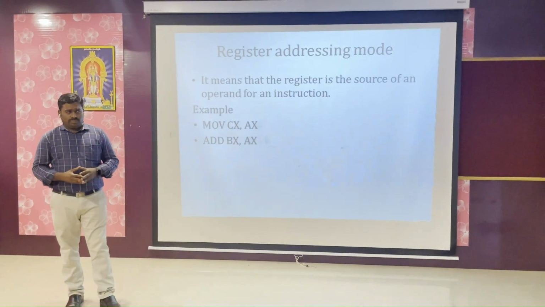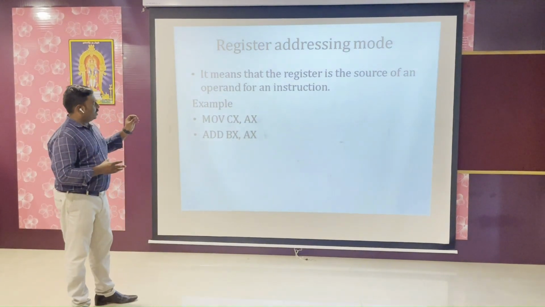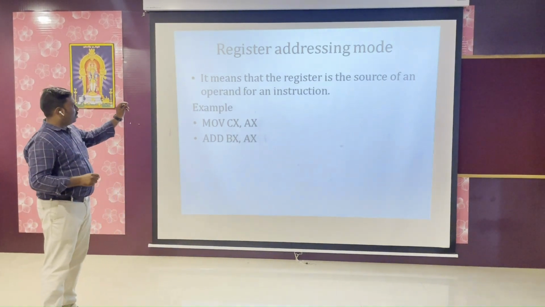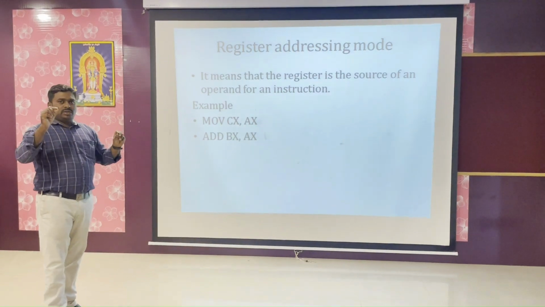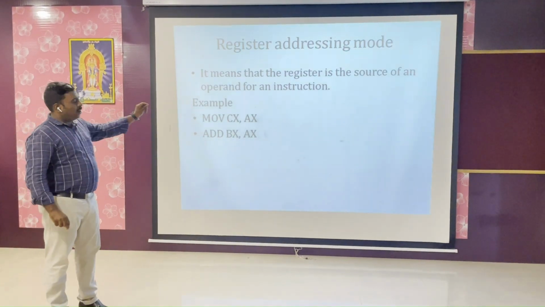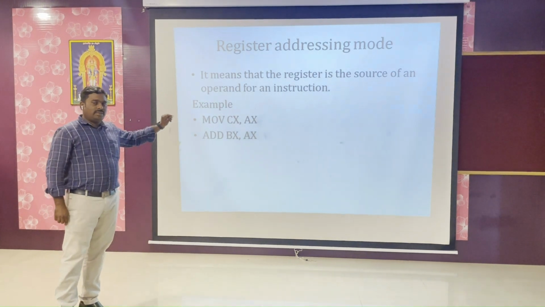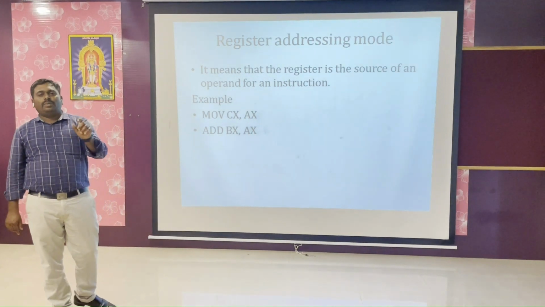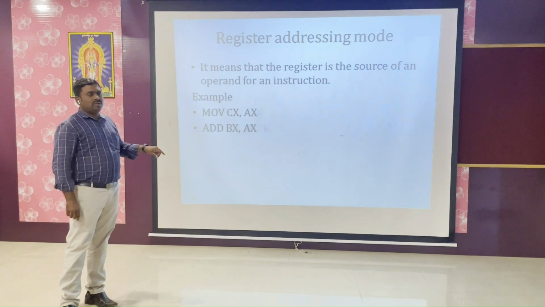Next, register addressing mode. Here the register is the source of an operand for an instruction. Example, MOV CX, AX. Previously, we saw the data was part of the instruction. Here, directly the register is the source.